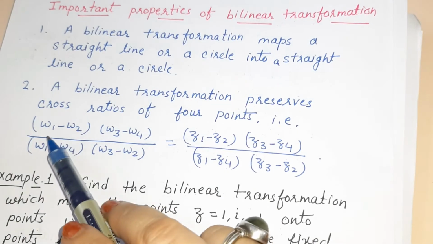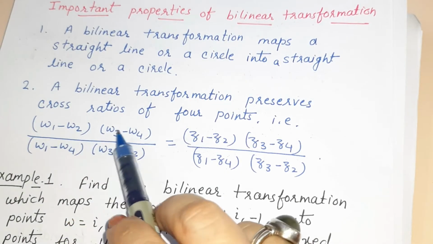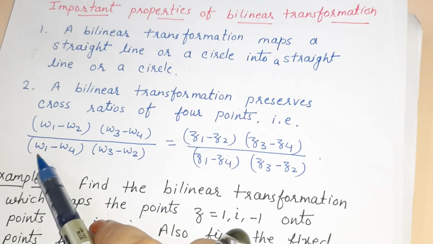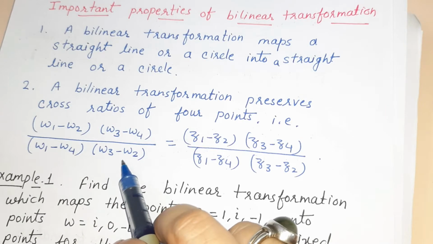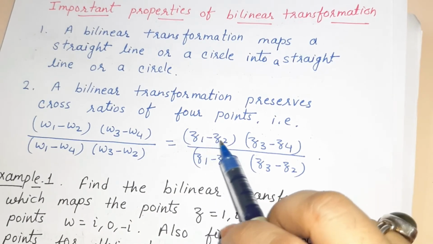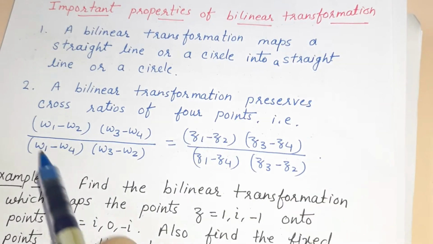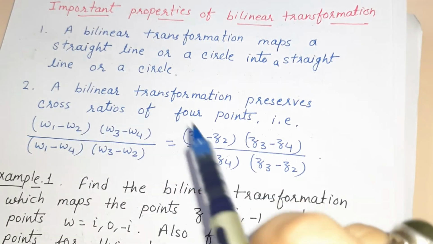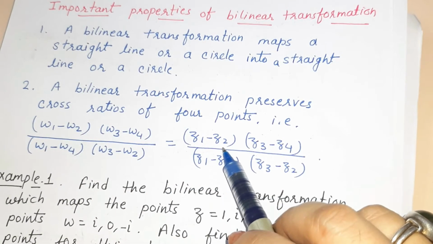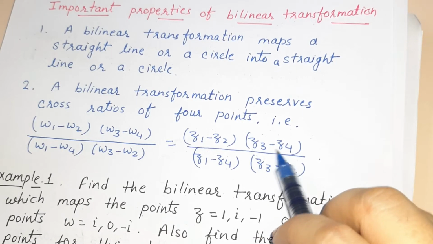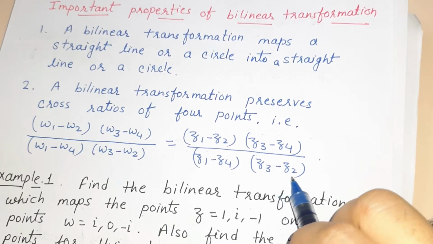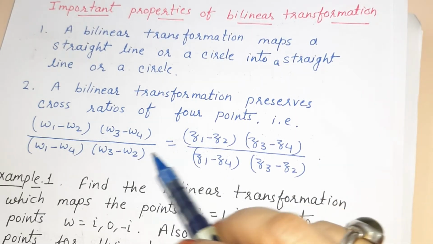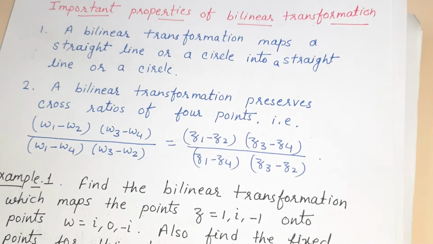That means (w1 - w2)(w3 - w4)/((w1 - w4)(w3 - w2)) is equal to (z1 - z2)(z3 - z4)/((z1 - z4)(z3 - z2)). So you can see here the cross ratios of these 4 points have been preserved.